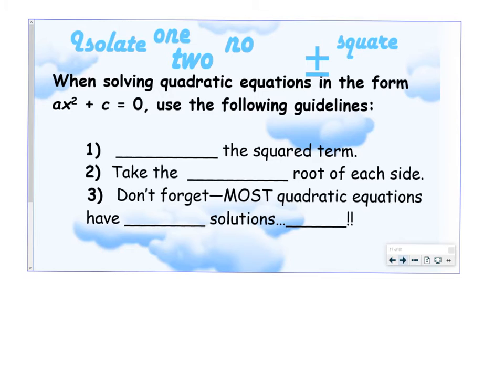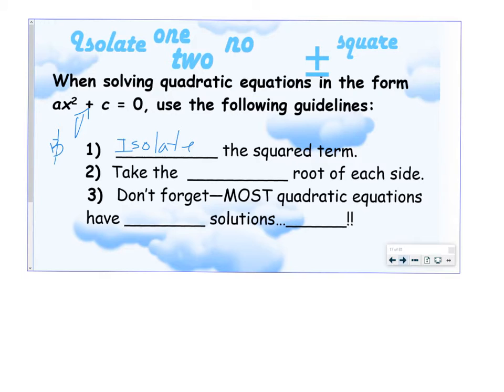These are the steps to solving quadratic equations in the form ax squared plus c equals 0. What's different about this is that you'll notice that there's no b value. There is no b value. So this is when we just have ax squared plus c is equal to 0. And so our steps are going to be isolate. We're going to isolate the squared term.